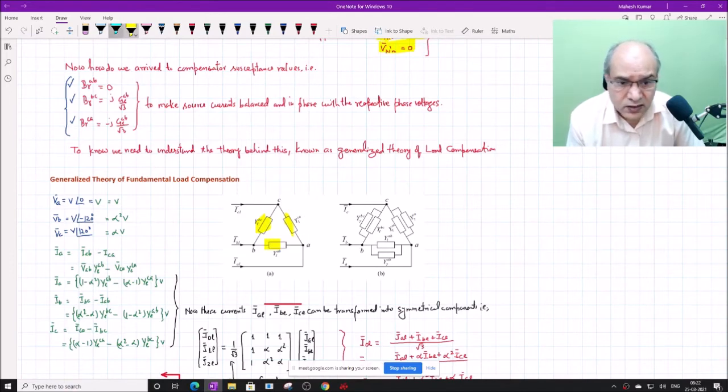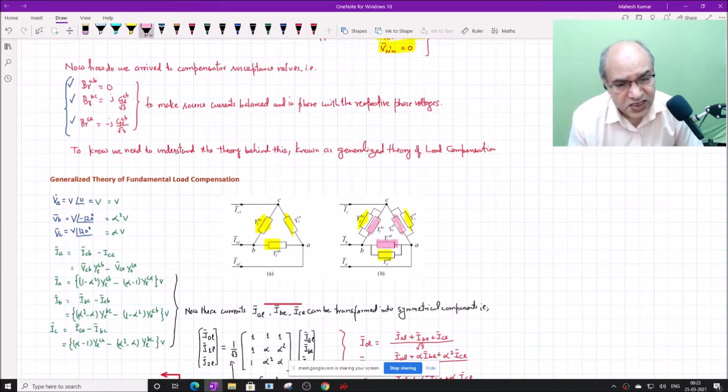So this is the compensator Y gamma AB, Y gamma BC, Y gamma CA placed across each load. Okay, this is Y gamma by LAB. So YLAB has Y gamma AB across it, and YLBC has Y gamma BC, and YLCA has Y gamma CA.